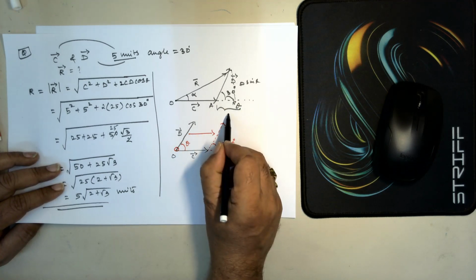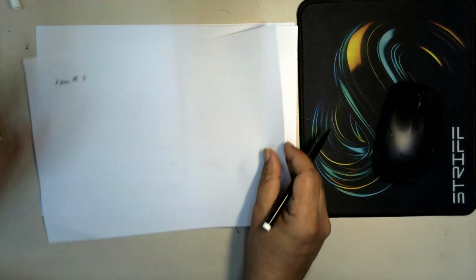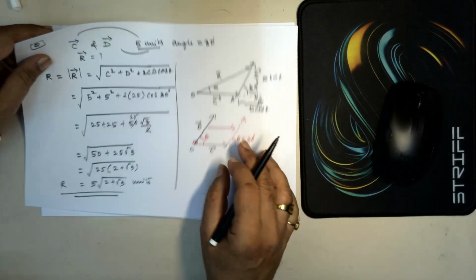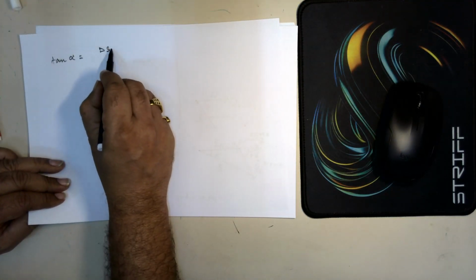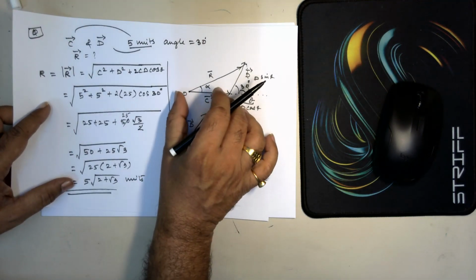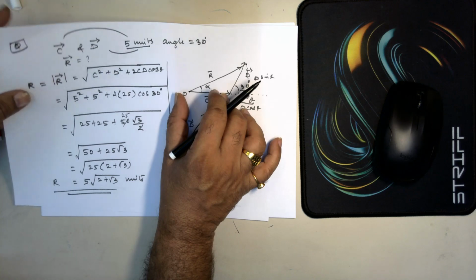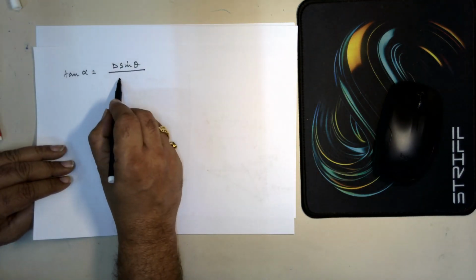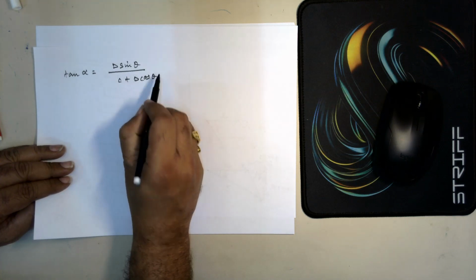This is D cos theta. Okay. So tan alpha means opposite, D sine theta, divided by this OA, which is nothing but C plus D cos theta.